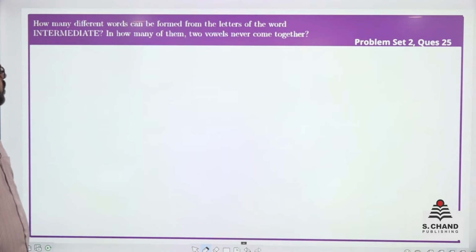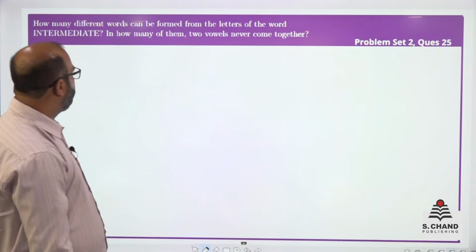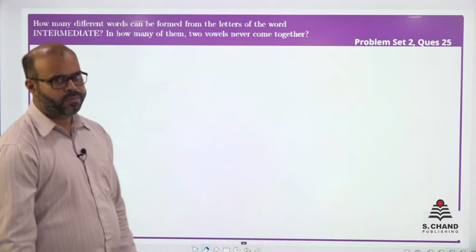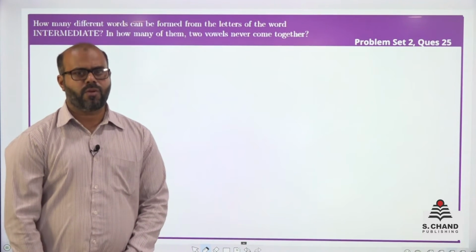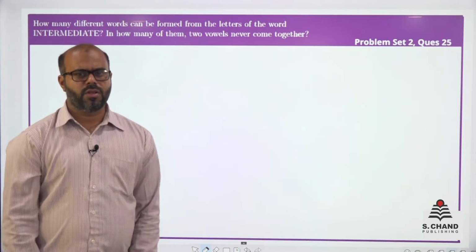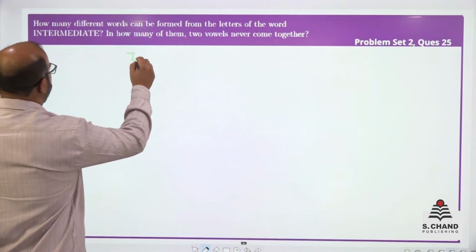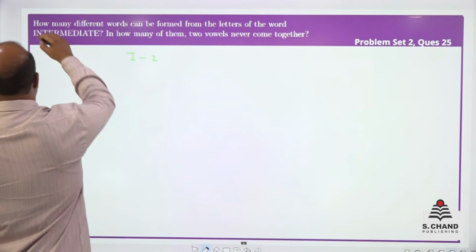How many different words can be formed from the letters of the word INTERMEDIATE? In how many of them 2 vowels never come together? So again, 2 parts of the question. First, how many words can be formed, meaningless or meaningful, it does not matter. So first of all, see I, it comes at how many places? 2 places.